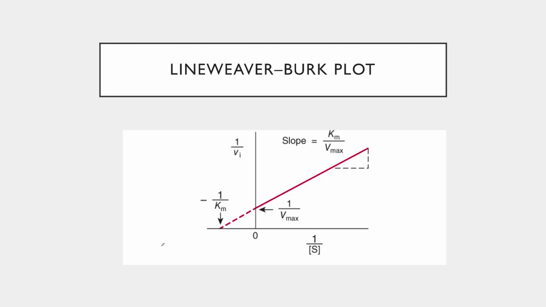Using the reorganized Michaelis-Menten equation, we can plot these values on a Lineweaver-Burk plot. In this plot, the y-axis represents 1 over velocity and the x-axis is 1 over substrate. This allows the intersections of the line of best fit with the axes to produce values for 1 over Vmax here and -1 over Km here.